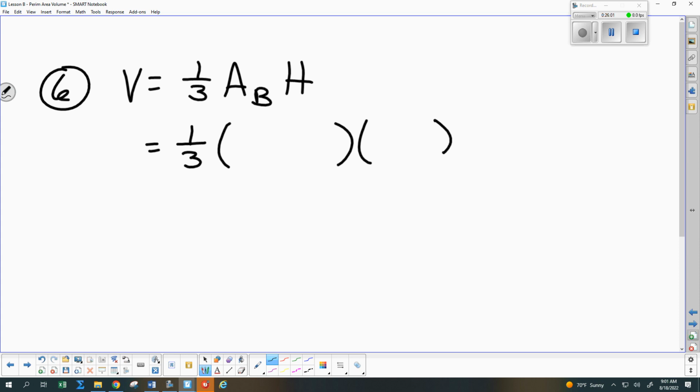What shape is the base? Triangle. So what's my triangle area formula? Everybody. So base times height divided by 2, or 1/2 little b little h. And then what's my big H for the height of the whole pyramid all the way up to that point? Ainsley? 10?